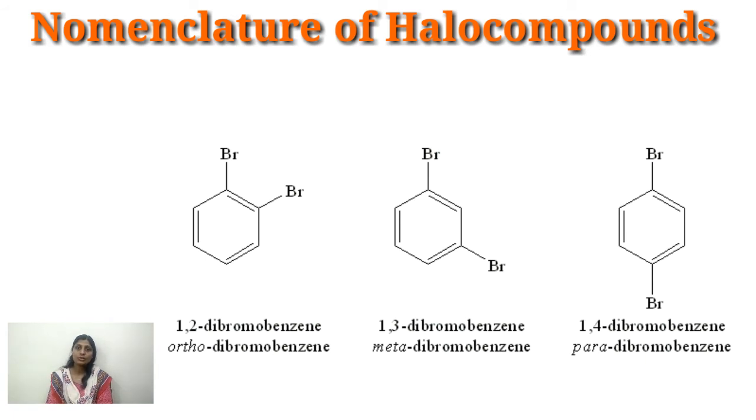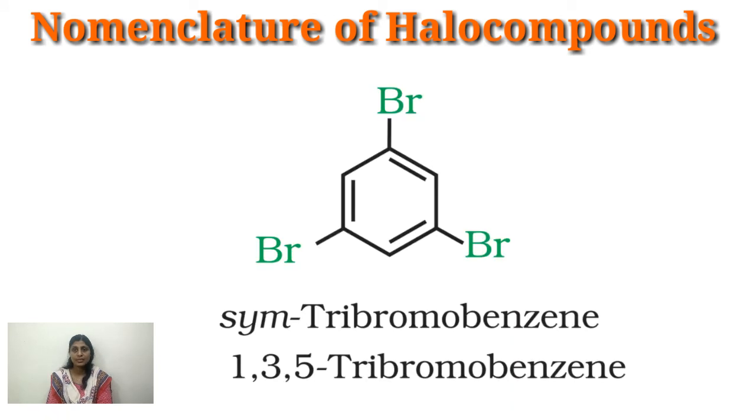And for 1,3-dibromobenzene, where bromine is attached to the first and third carbon atoms, it is commonly known as meta-dibromobenzene. And if the second bromine is attached to the fourth carbon atom, that is 1,4-dibromobenzene, then the common name is para-dibromobenzene.